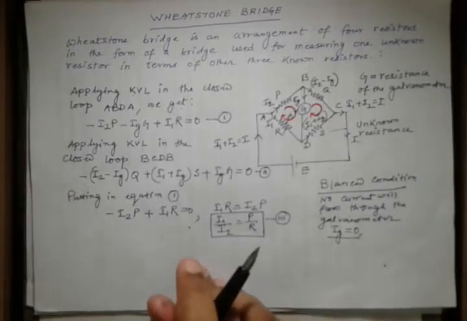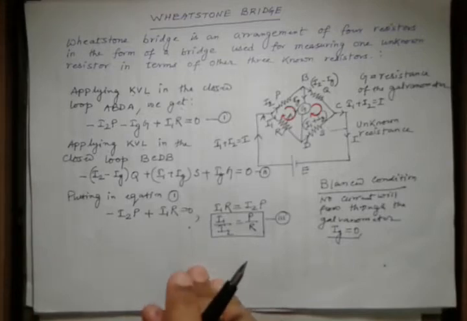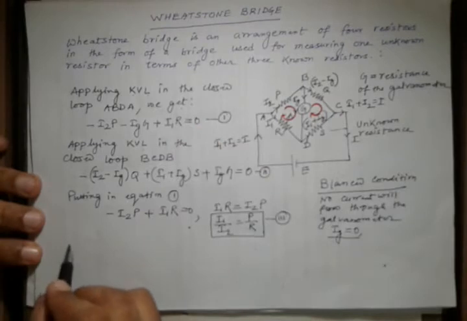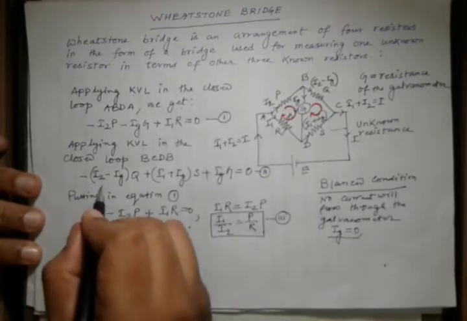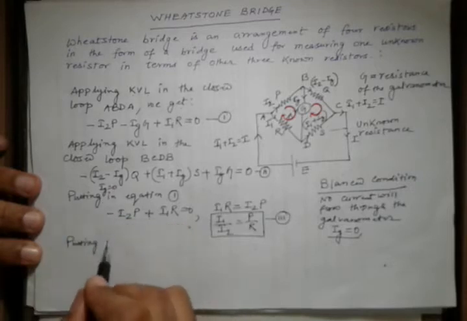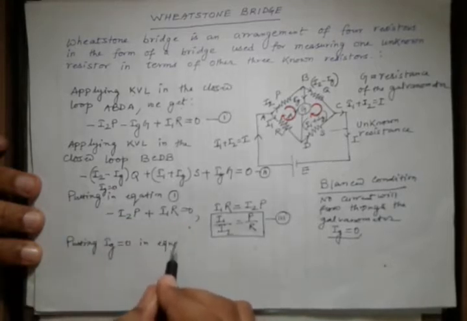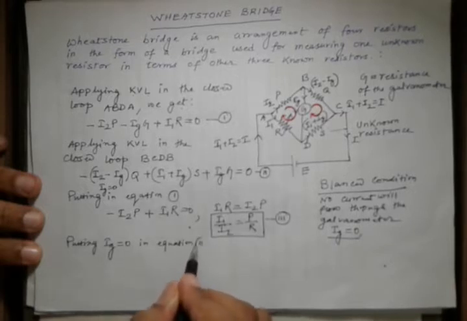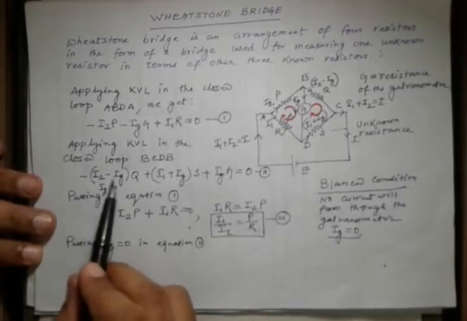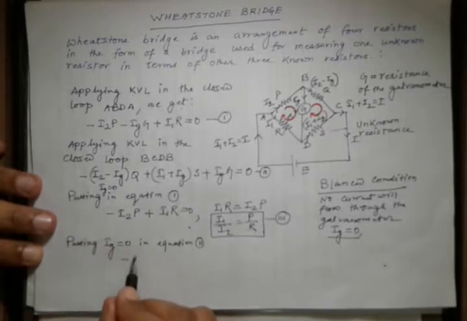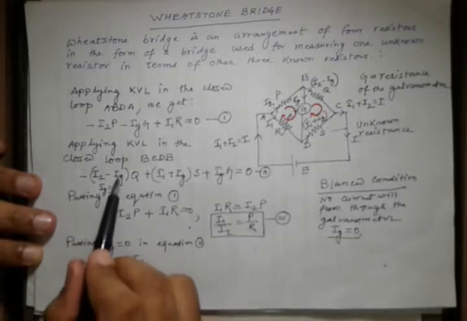Okay. Now we'll put the value of Ig equal to 0 in equation number 2. What do we get?